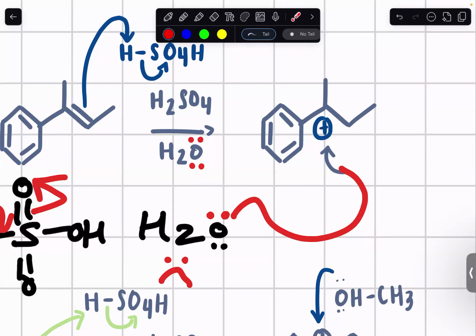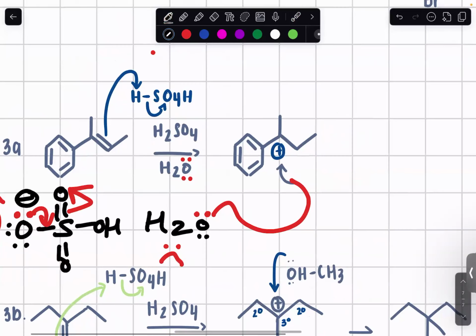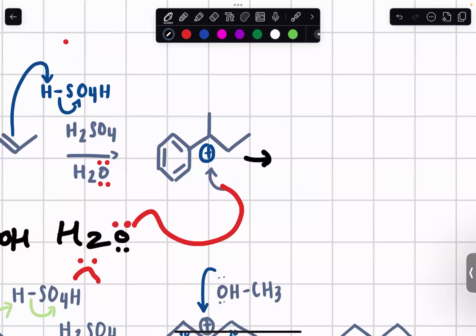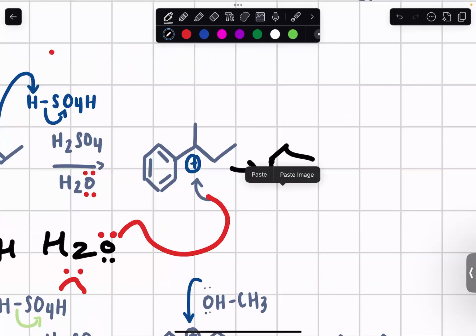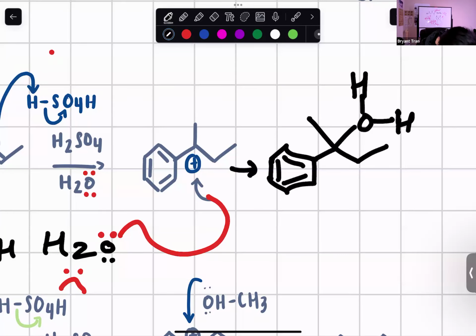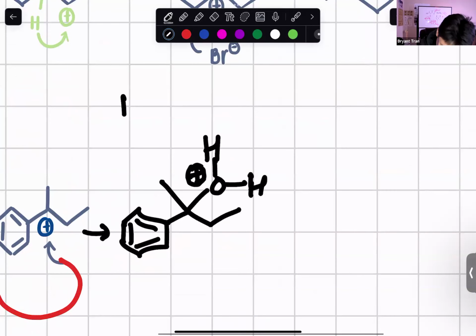I think that one is going to attach, and then we're going to need to have another water come in to make it neutral. And for the mechanism, Helix doesn't really care which one you use.